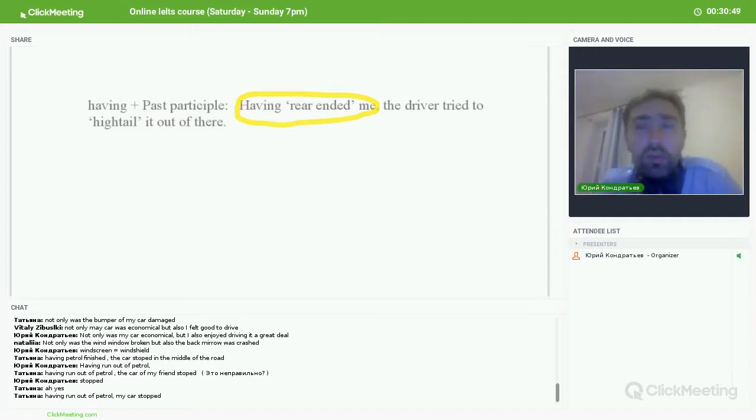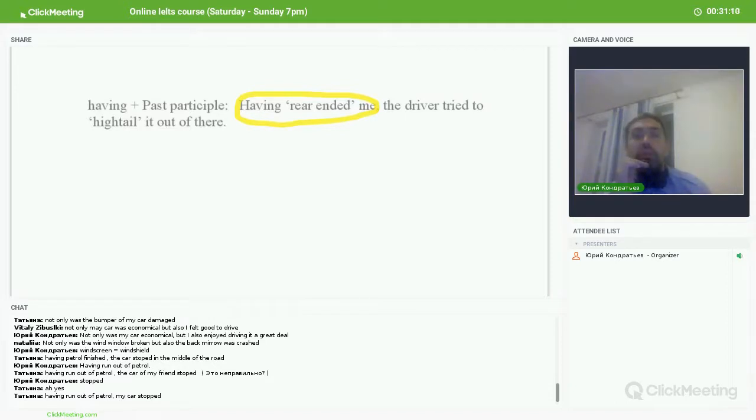All right, this is more or less fine, but it would be better if you use as a subject some animate noun, одушевленное существительное. Сделав что-то, кто-то что-то еще сделал. It's not the car. It should be a person. It will sound more natural.